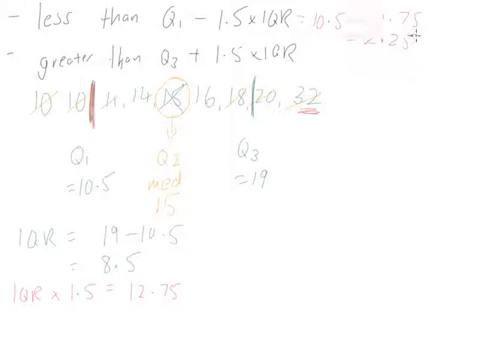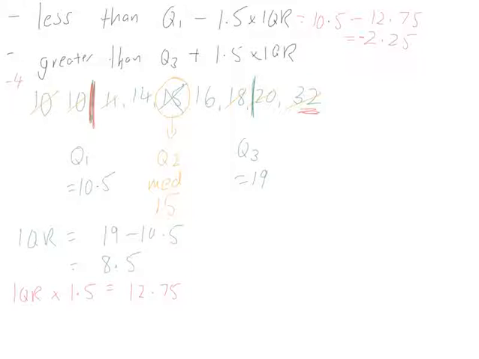By this definition, any score less than minus 2.25 will be an outlier. My lowest score is 10, and 10 is not an outlier because it's greater than minus 2.25. If I had a score of, say, minus 4, that would be an outlier because it's less than minus 2.25.